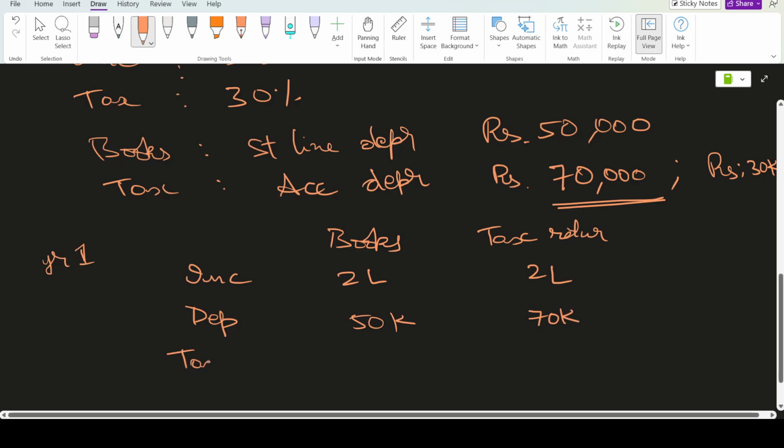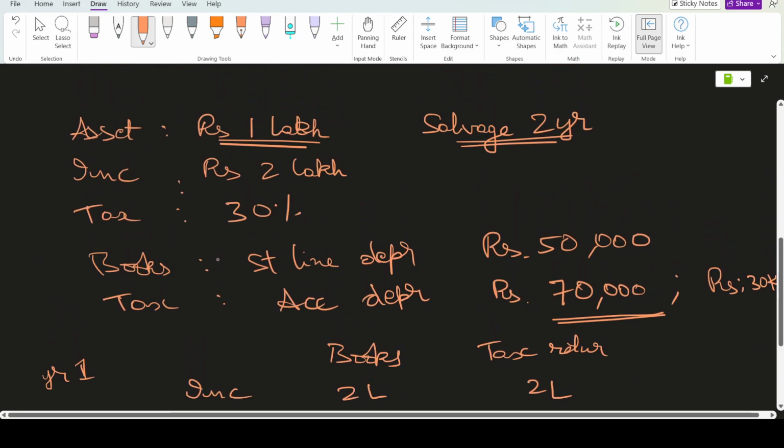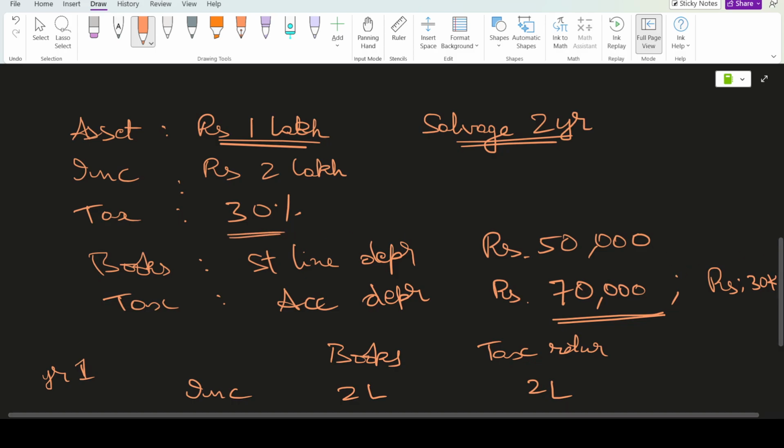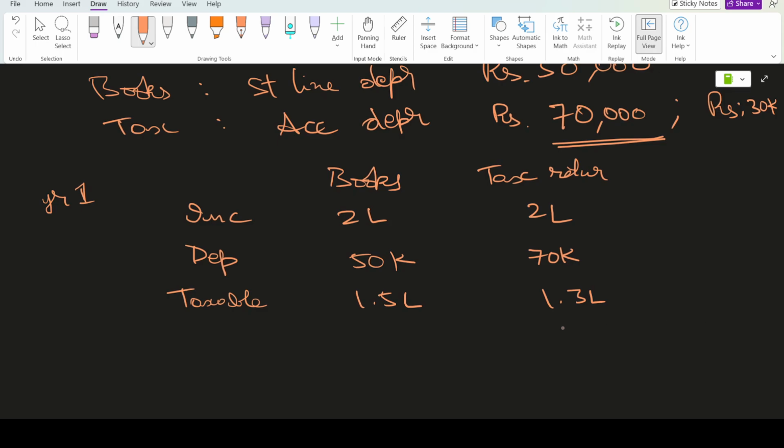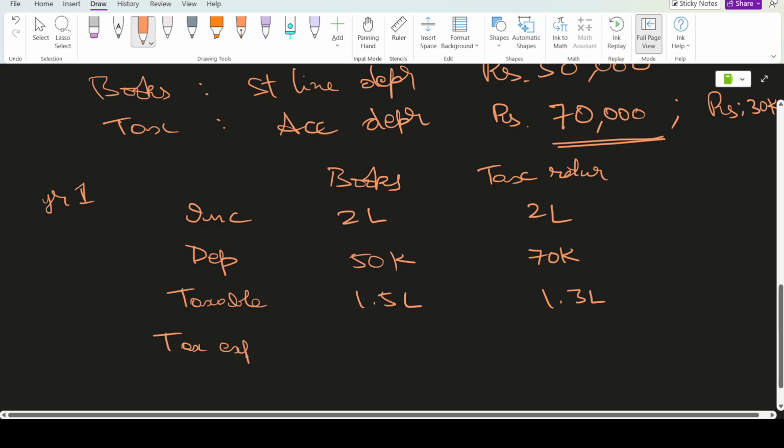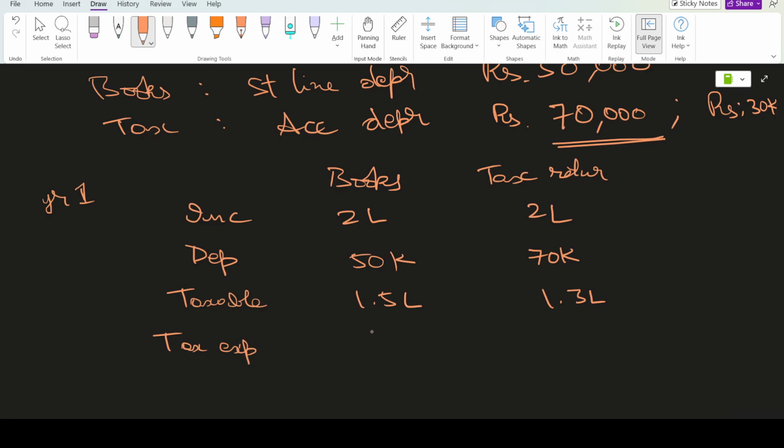So now the taxable income comes down to 1.5 lakh here and 1.3 lakh there. Since the tax rate is 30%, the tax expense or tax payable is 30% of 1.5 lakh, which is 45K, and here it is 39,000.